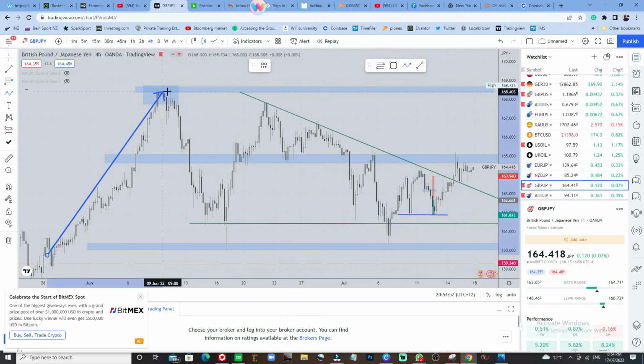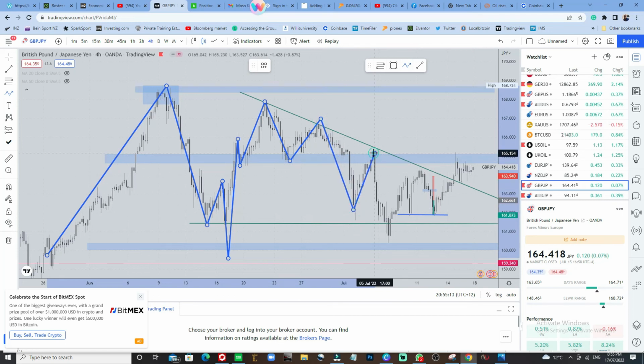The market built up to this level, tanked down, made a little attempt to push to the upside, failed, pushed down, went up, got to this level, came down to the same level again, pushed up, came down, got to this level again. Watch this level. Then it pushed to the downside, went up, came down, went up, came down. Now the market is around here.